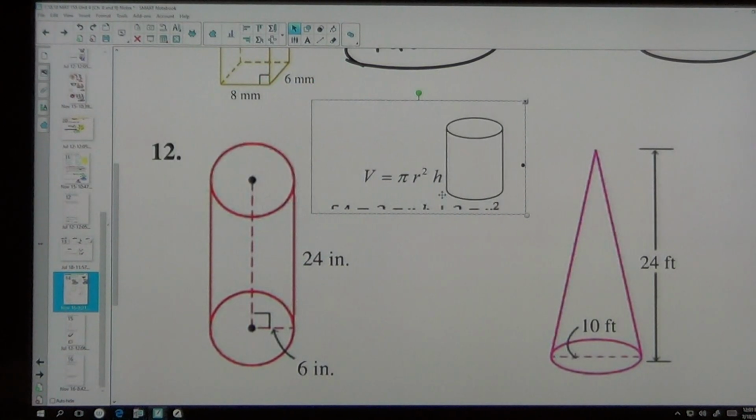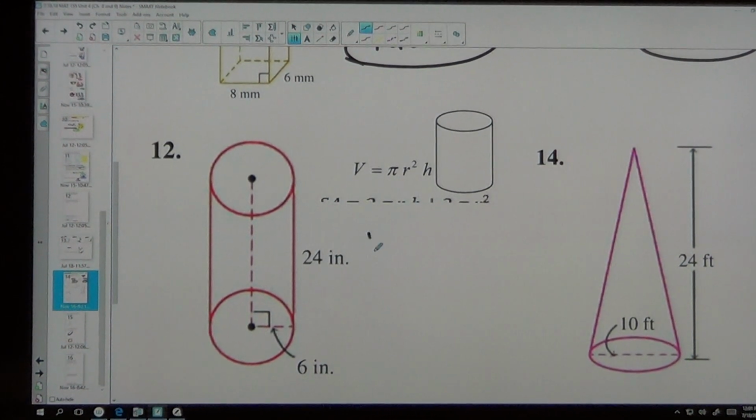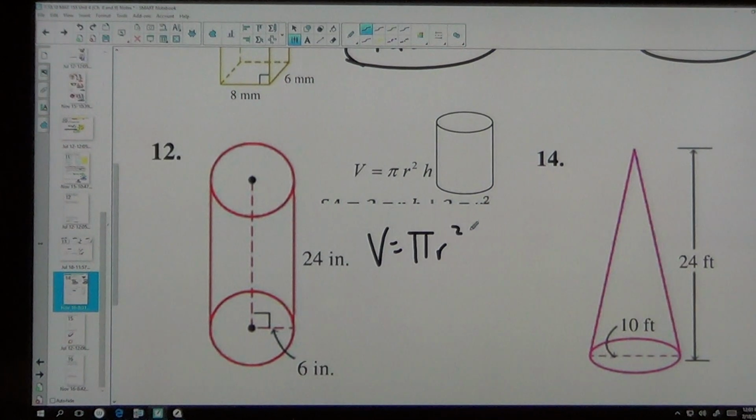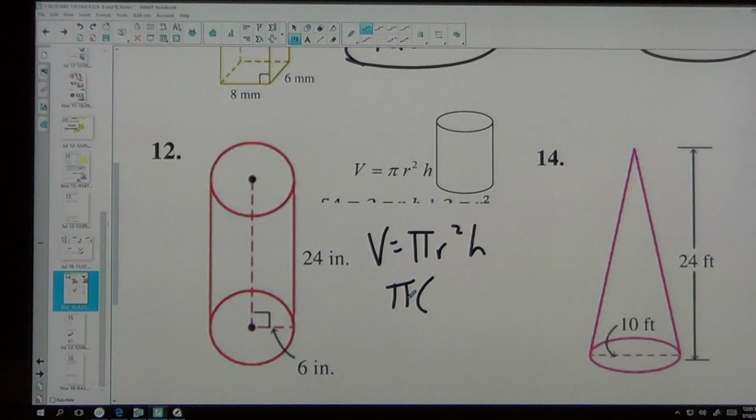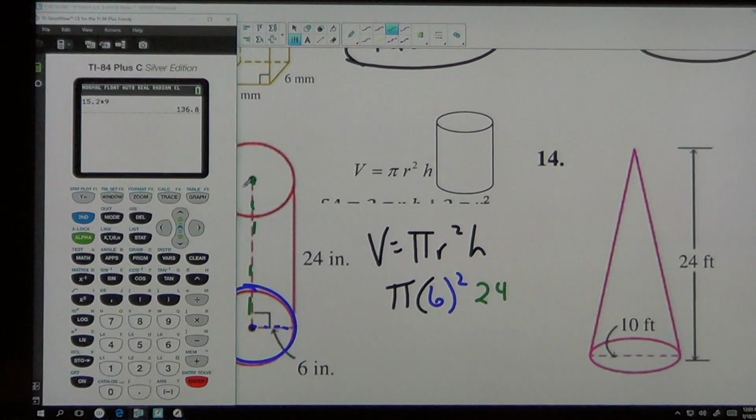Here's the formula for this one. The formula is V equals pi r squared h. What do we find out? The volume. So pi times, what is my r? My r is halfway through the circle, so my r is 6. What is my h? 24. So I go to my calculator, use that pi button.